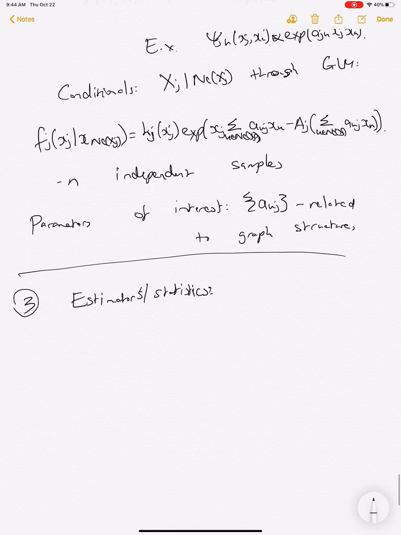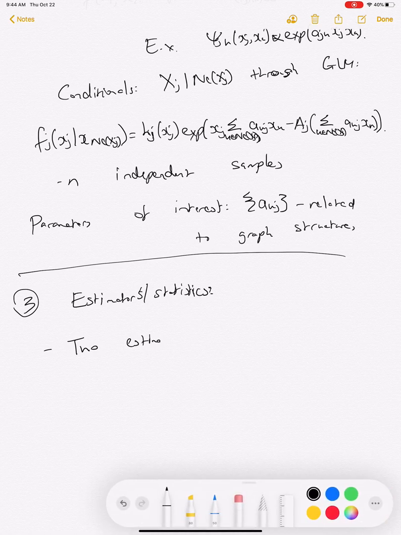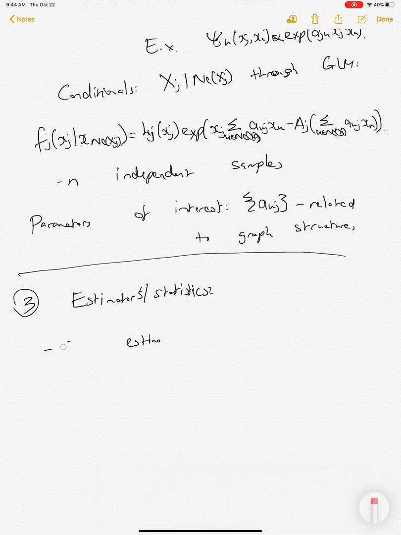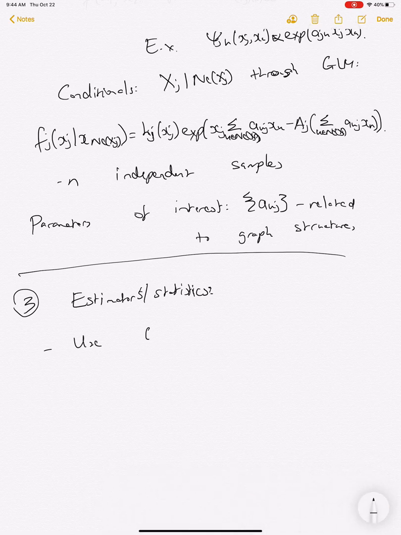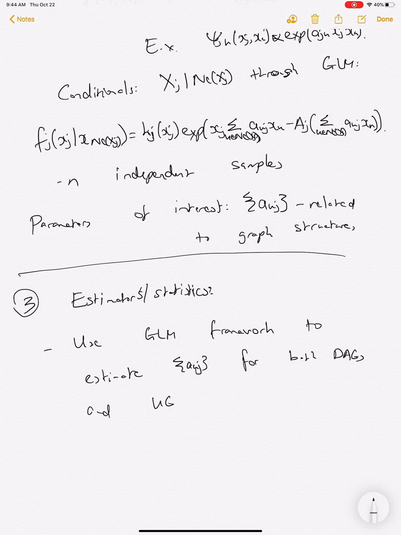And one thing to note is that we're going to use the GLM framework, and we're going to go through that mostly in the next lecture. Use the GLM framework to estimate AKJ for both DAGs and undirected graphs.